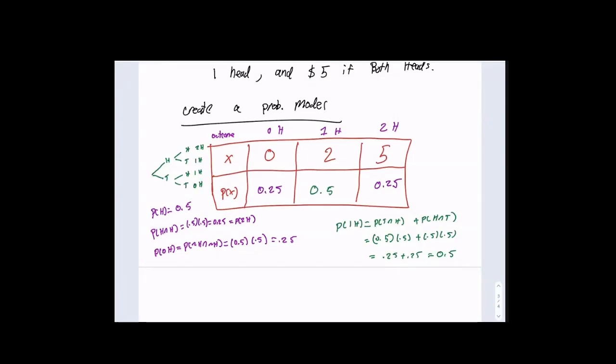I showed it through the calculation, but I know that these have to add up to 1. So since I got 0.25 and 0.25, the other one had to be 0.5 without even having to go forward with the calculation. And now you have your probability model.